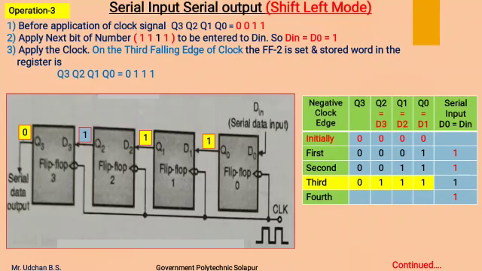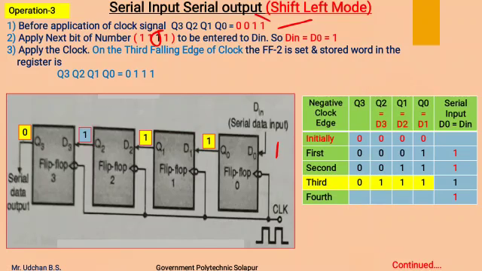Now again, before application of the clock pulse, the outputs are 0, 0, 1, 1, and we are going to apply the next bit, that is this one, to the data input of this register, that is D0 will be 1.